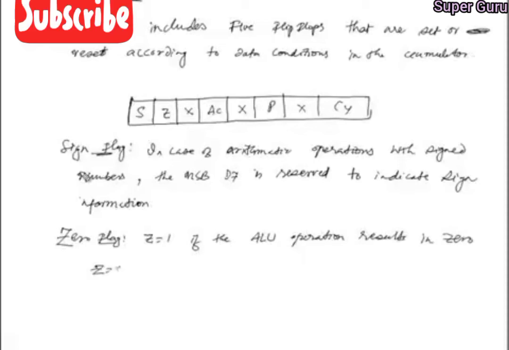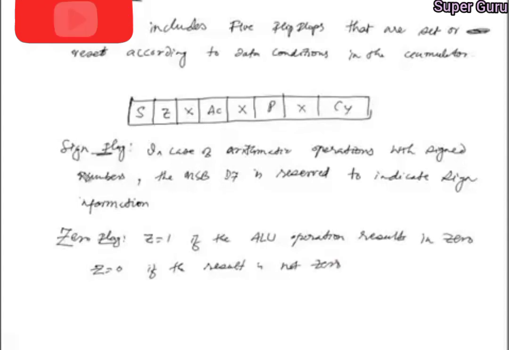If Z equal to 0, the result is not 0. This is the zero flag. Then auxiliary carry flag.